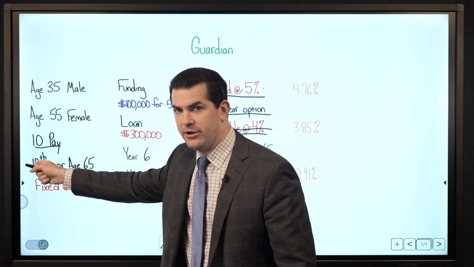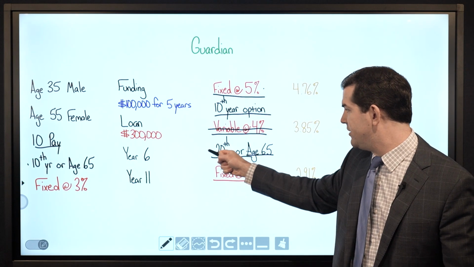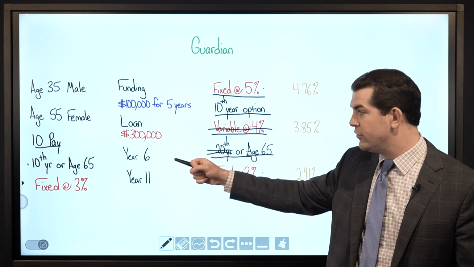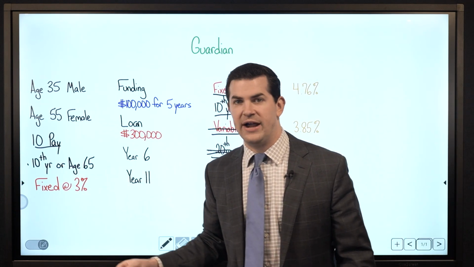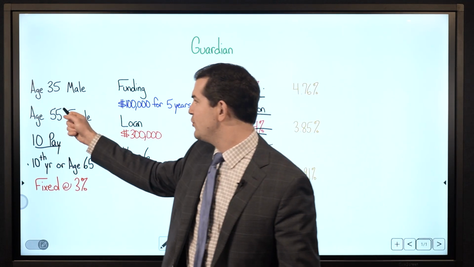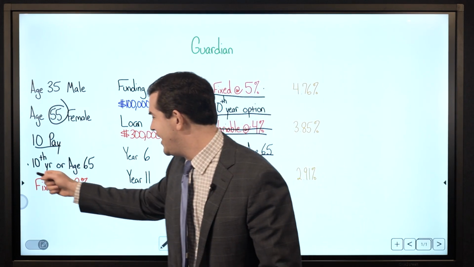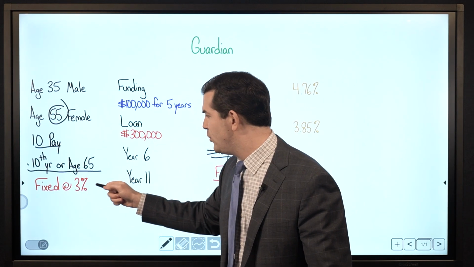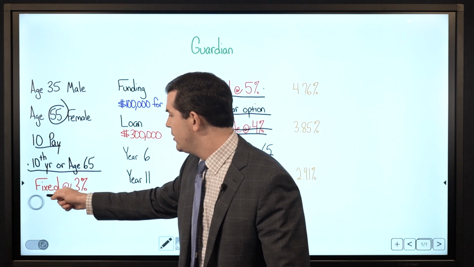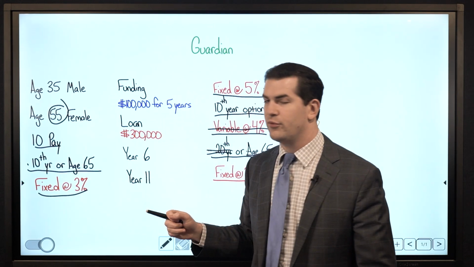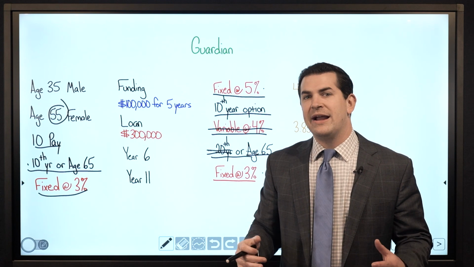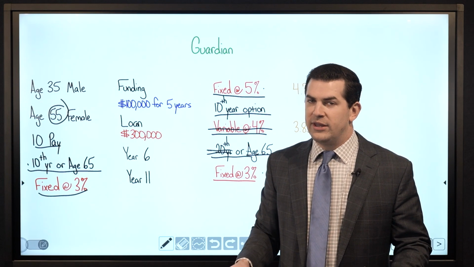At the 10th year, instead of the 20th year, so it's the later of year 10 or age 65, whichever comes last. Notice we're looking at a 55-year-old individual, so year 10 is at the same point in time. But at that point in time, the loan interest rate drops to a fixed loan interest rate of 3%. So we can lock in that fixed rate at an earlier point in time.